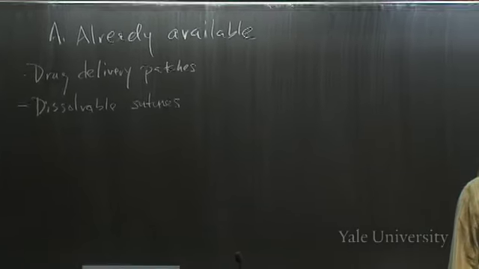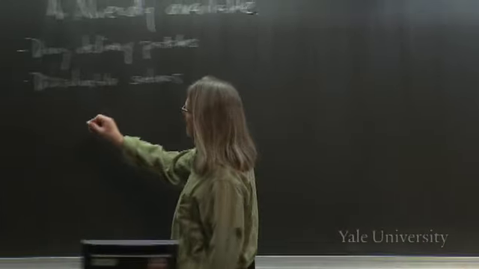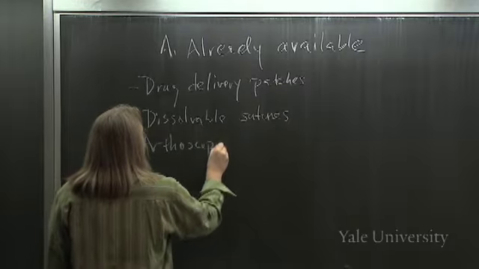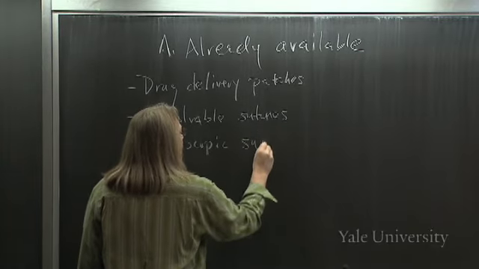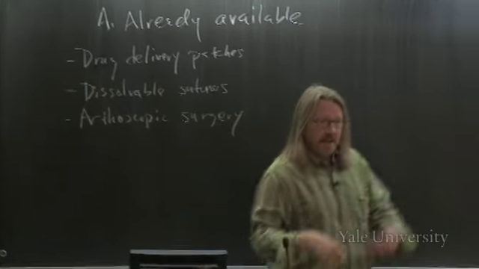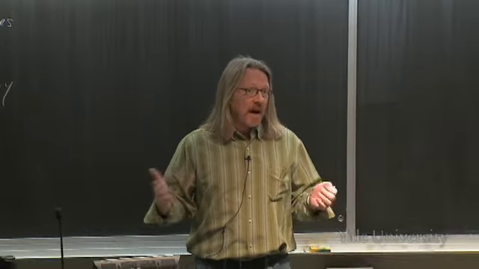Others? Yeah. Arthroscopic surgery. And so what are you thinking about there? Yeah, so you think about the instruments that they use in arthroscopic surgery. Arthro means joint. Scopic means looking. So it's looking into a joint.